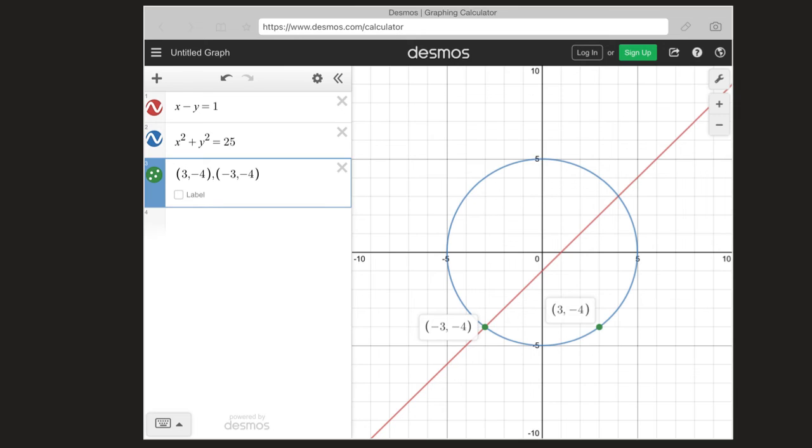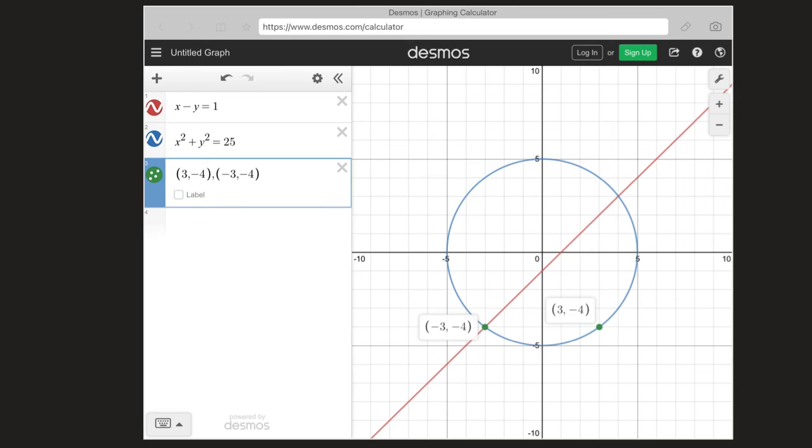I've also plotted the points that we just found by subbing our y value back into equation 2. What we confirm then is, yes, those 2 green points both exist on the circle. By subbing in your y value, you just found the x values that have a y value of -4. And so we found that we have 2 points.